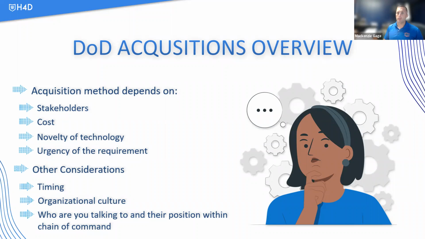So the acquisition method depends on quite a few things that we're going to dive into a little bit more here: the stakeholders, the cost, the novelty of the technology, the urgency of the requirement and timing, the organizational culture, and who they're talking with in their position in the chain of command.